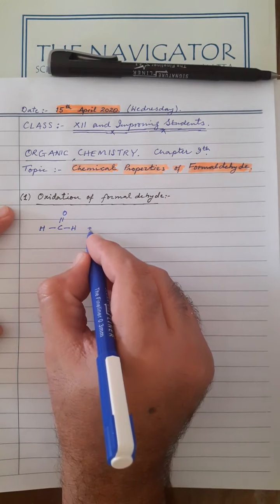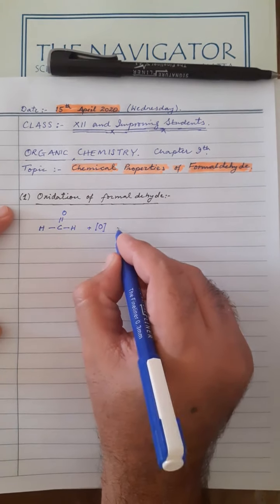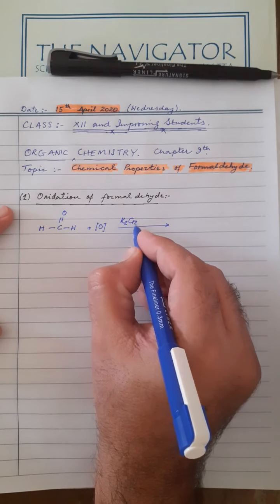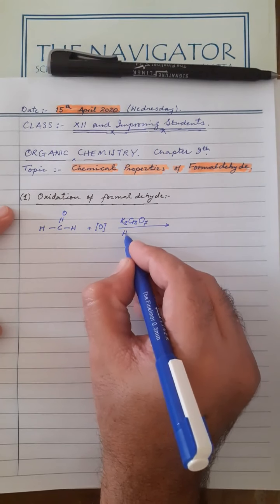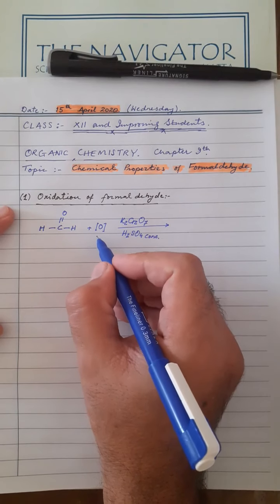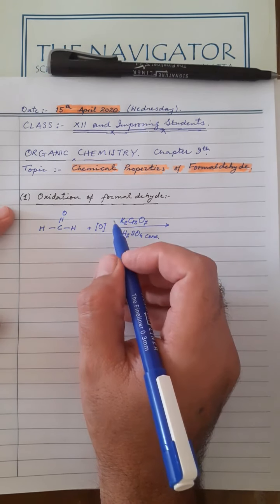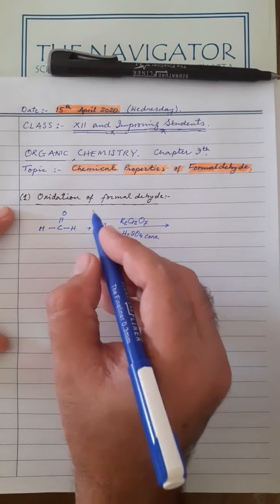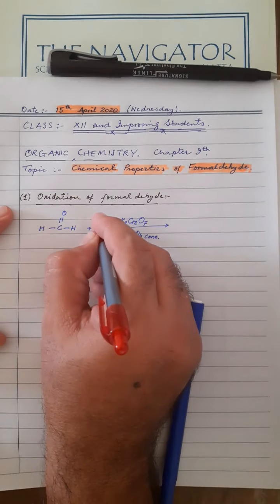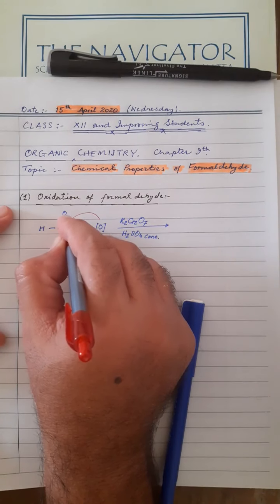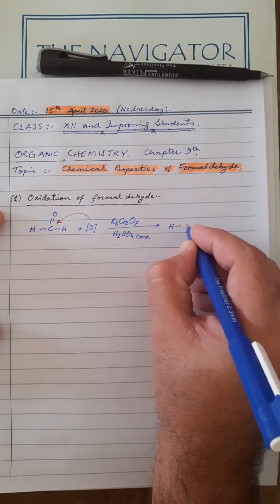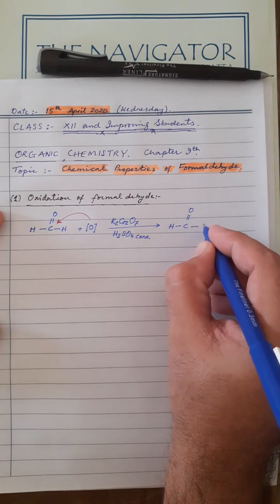is oxidized, the oxygen comes from a chemical reaction between K2Cr2O7 and concentrated sulfuric acid. This atomic oxygen is very reactive and it reacts with the only carbon, or primary carbon, of the formaldehyde, and hence it becomes H, C double bond O, and then OH.